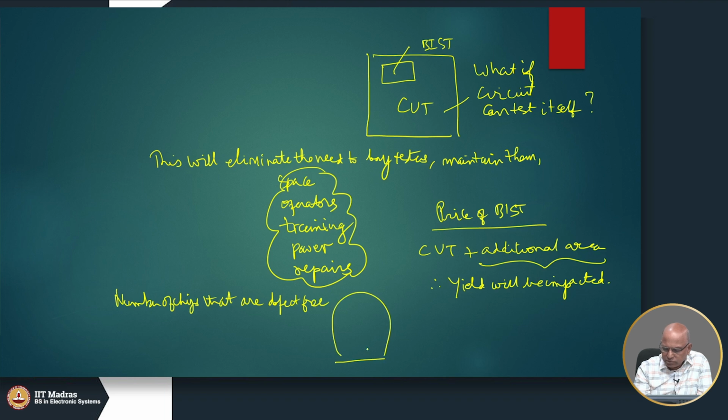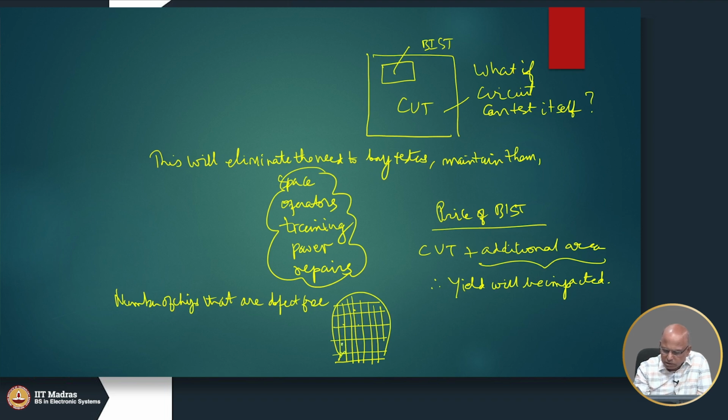So, if I have a wafer, right, if I have the area of the chip small, then I can make a lot of chips. And there will be some defects. So, in this example, I may have lost a small number of chips.